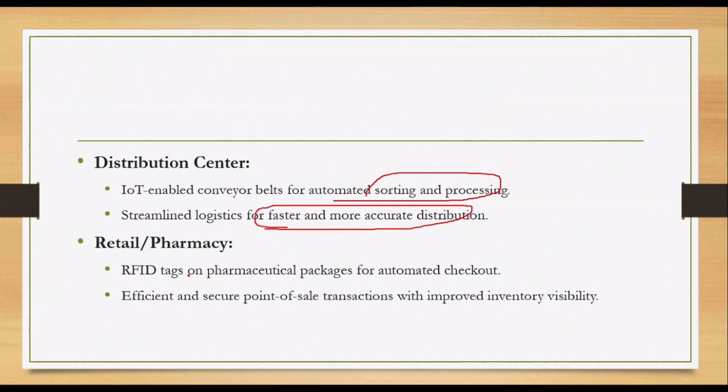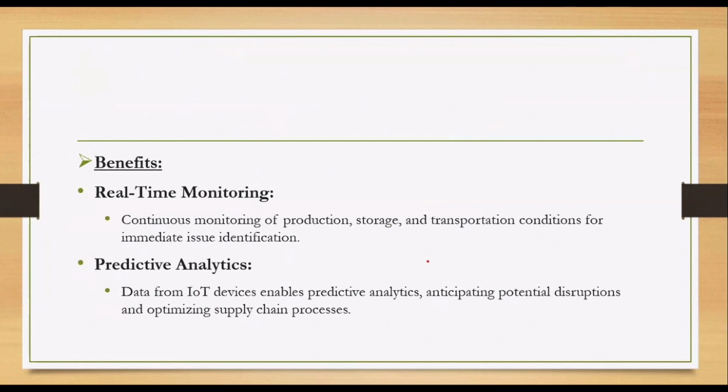And when you look at the retail pharmacy, the pharmacy supply chain, RFID tags are implemented. Earlier barcodes were there. Now RFID tags are going to give you more transparency and automatic inventory can be done. Efficient, secure point of sale transactions are going to happen, and visibility of inventory is going to happen for our retail firms.